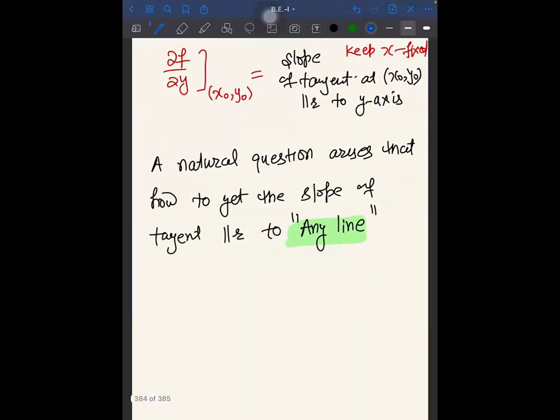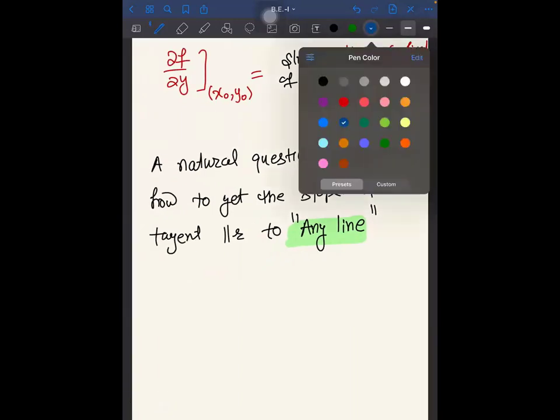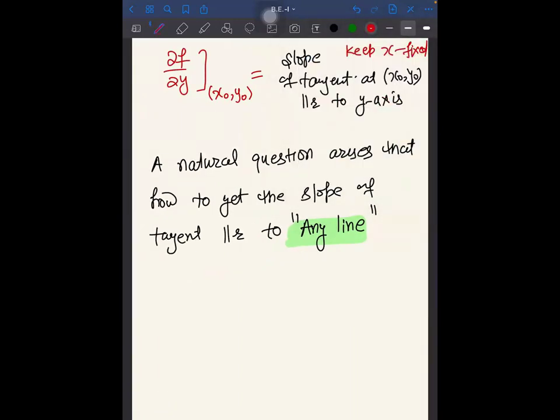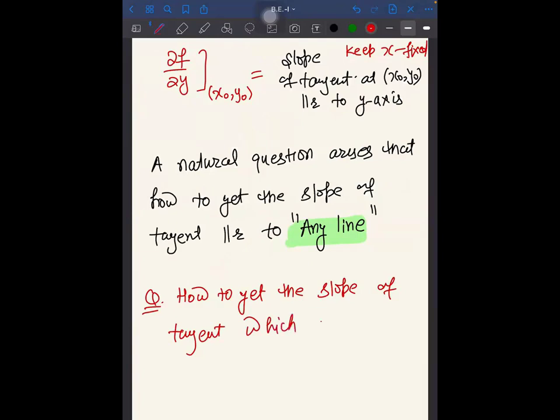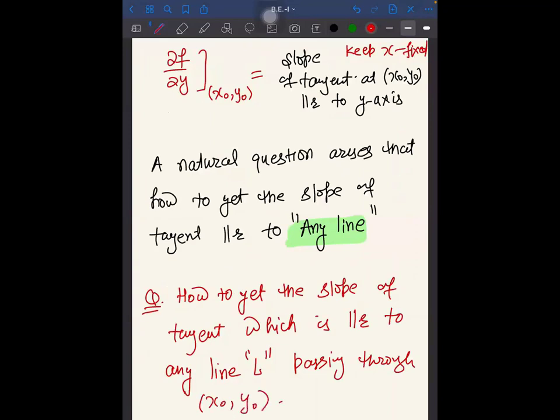So our question is: how to get the slope of the tangent which is parallel to any line L passing through x naught and y naught.